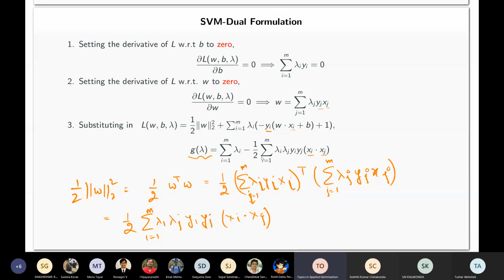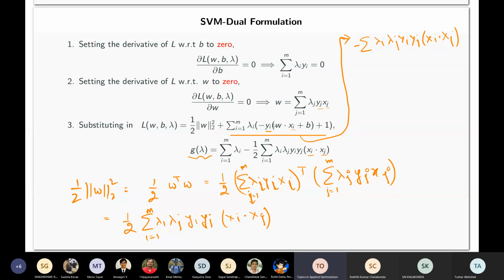So this is this part, and if we now try to see what this part is, then this part will be the same term. So this will be like minus of this. So minus of lambda i, lambda j, yi, yj, xi dot xj.